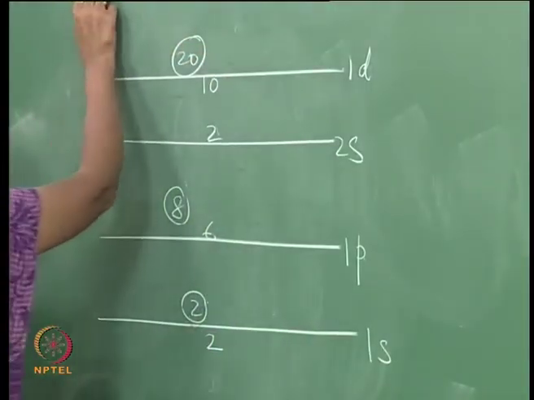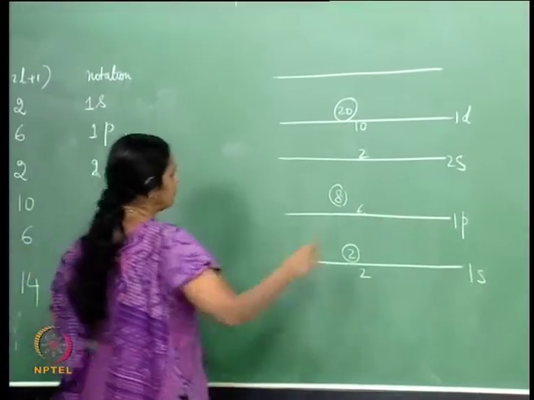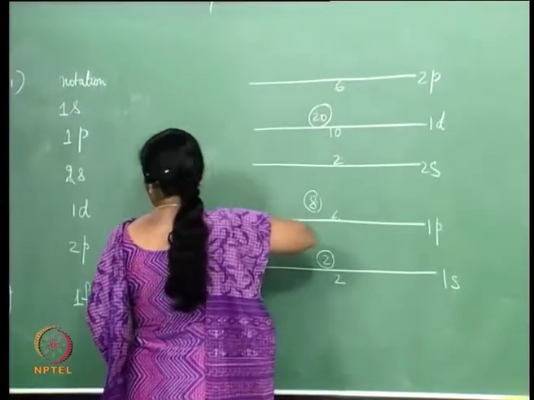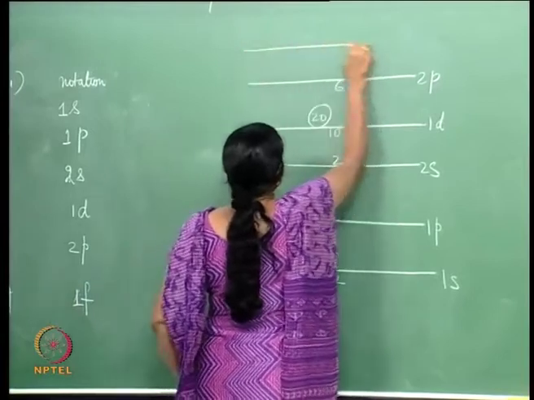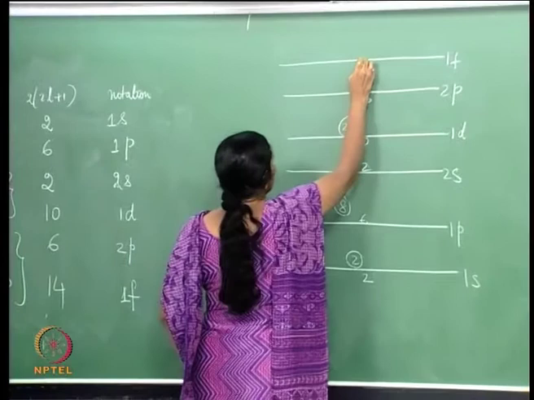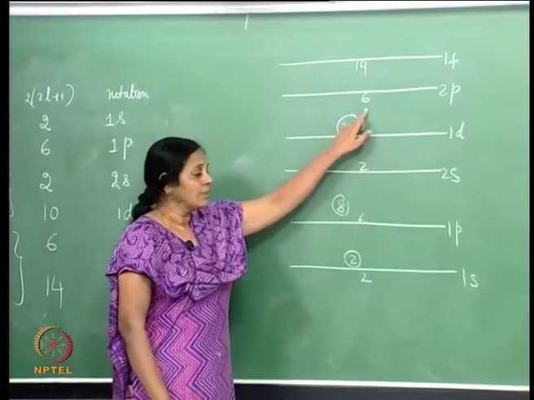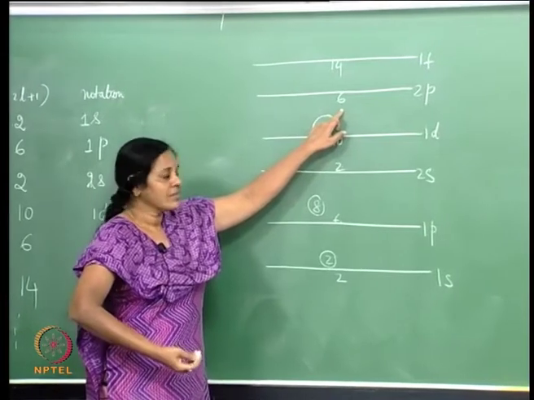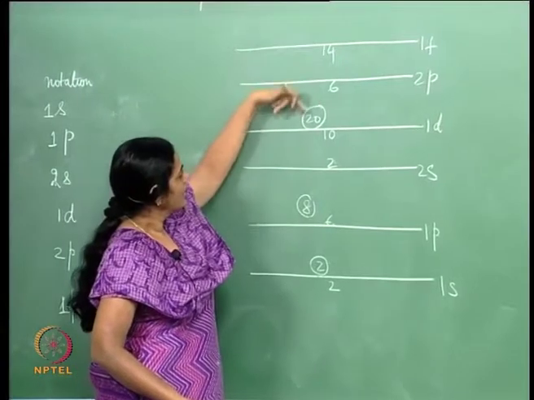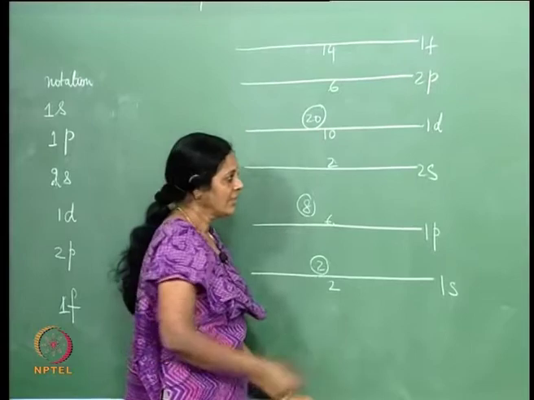But now let's see what happens. After 1d comes 2p, and 2p has 6 particles, and then comes 1f. 1f has 14 particles. 26 is not a magic number, 28 is. And even if this were suppressed compared to that, that's a 34, and 34 is not a magic number either.